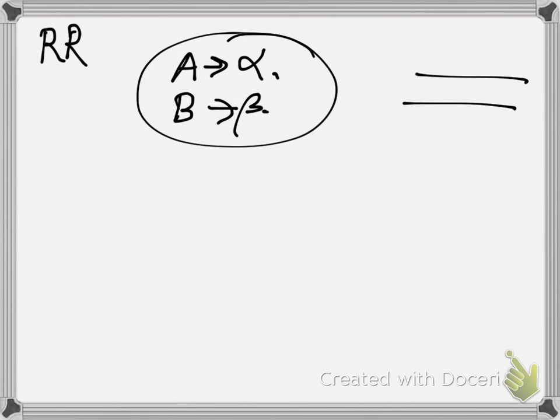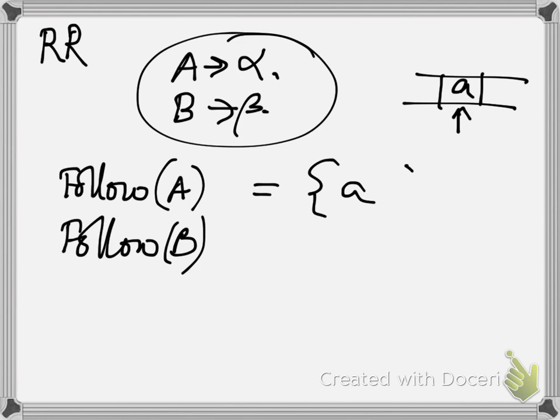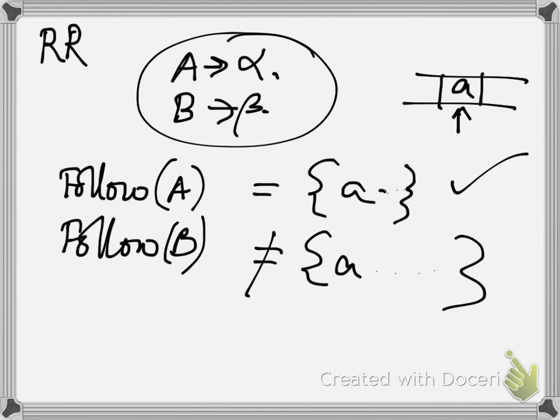Now I can look into the next input symbol, which is a, and I find out the follow of A and the follow of B. If the follow of A contains small a, and some more, and the follow of B does not contain a, then the reduction which is valid is this one.